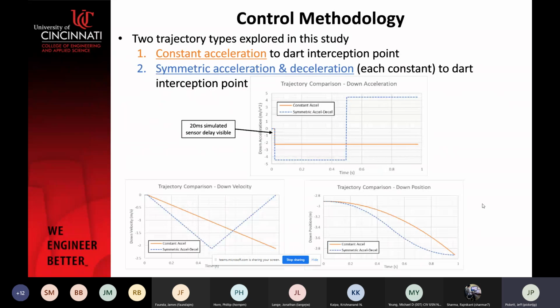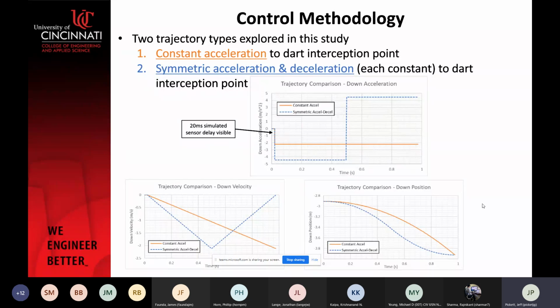And then in terms of creating a control system that allows it to actually catch the dart, we used trajectory control similar to what we did in the homework. And we experimented with 2 different main trajectory types. The first one being constant acceleration.